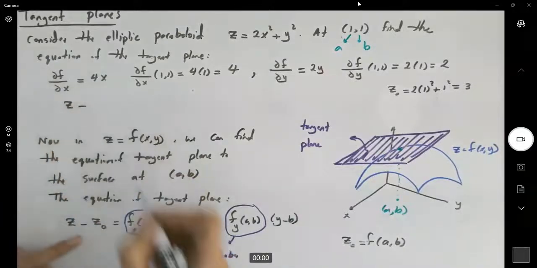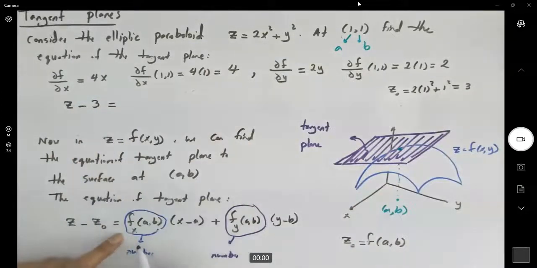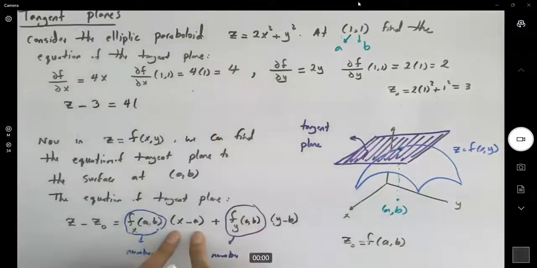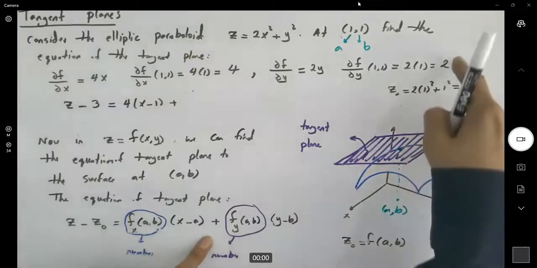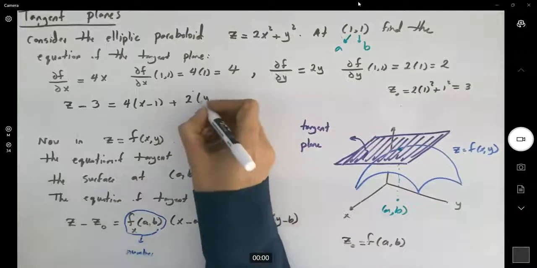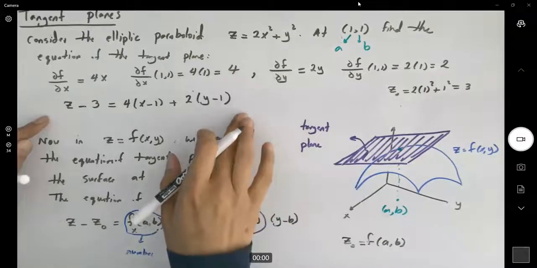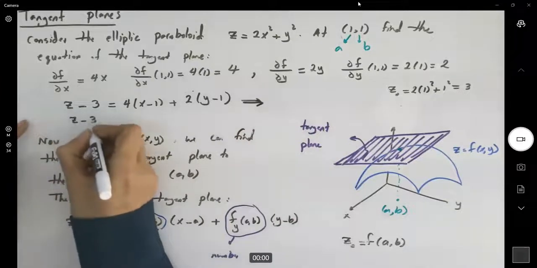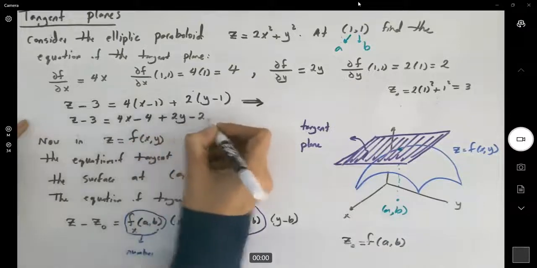Z minus z sub 0, which is 3, equals f sub x, which is 4, times x minus a, x minus 1, plus f sub y, which is 2, times y minus b, y minus 1. Guys, you learned algebra. Don't leave it like this. You need to simplify. Z minus 3 becomes 4x minus 4 plus 2y minus 2.